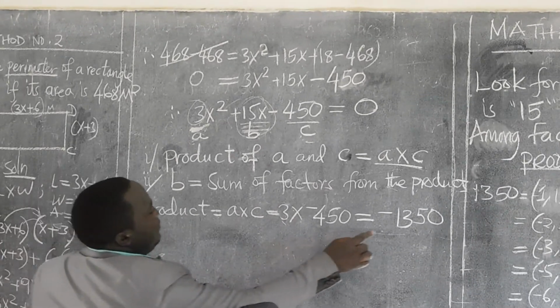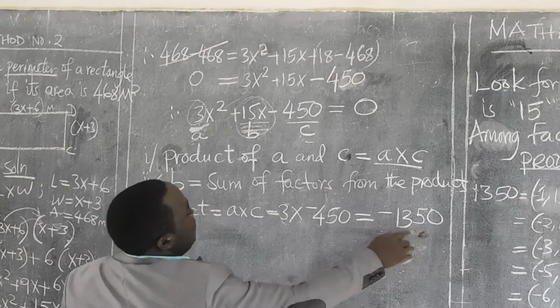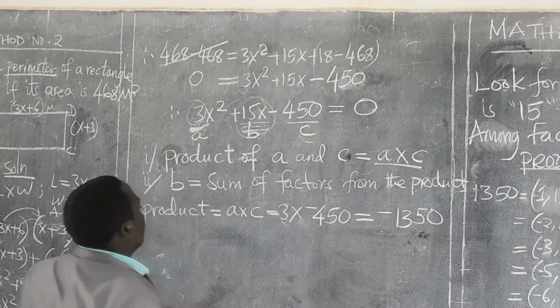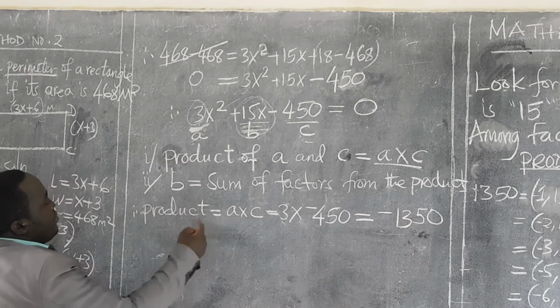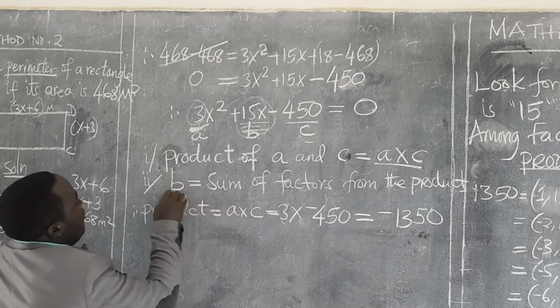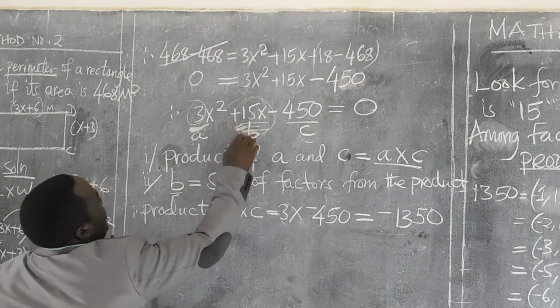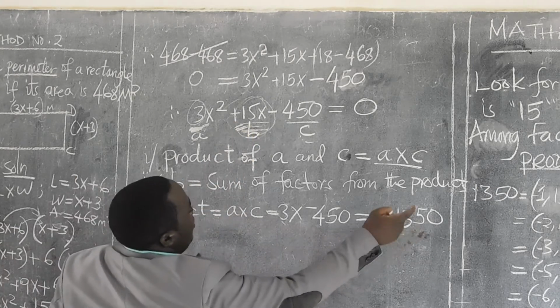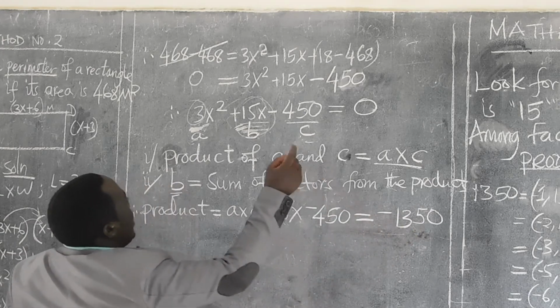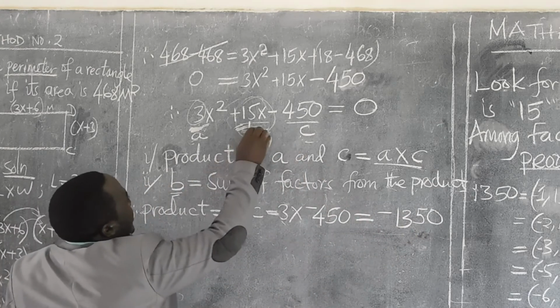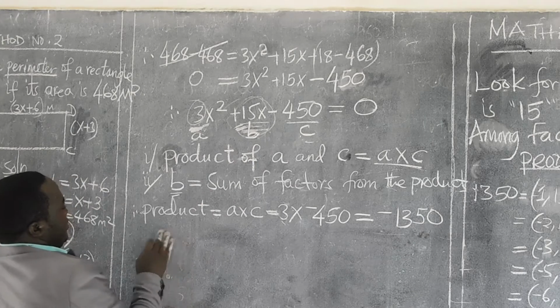After getting the product, we are asked to find two factors from this product which, once we add them, give the sum B, which is 15. So which of this set of factors, once we add them, gives B, which is 15?